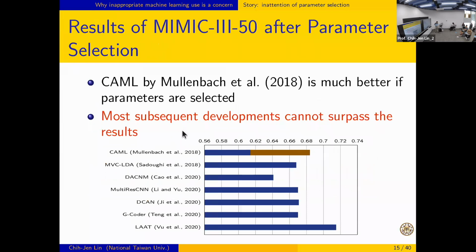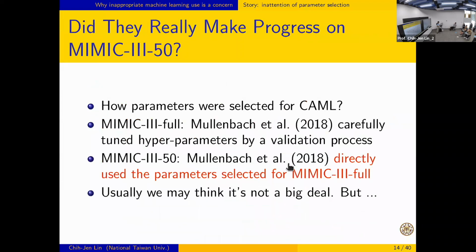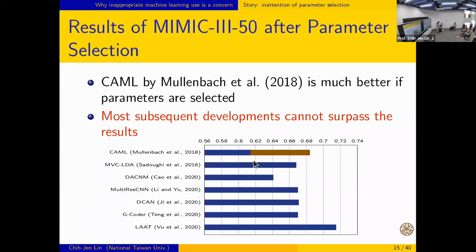here's the situation. If you do a separate hyperparameter selection on this subset, now remember we are working on this subset, then we do parameter selection instead of directly using parameters from the full set, we can see some dramatic improvements in the test accuracy.